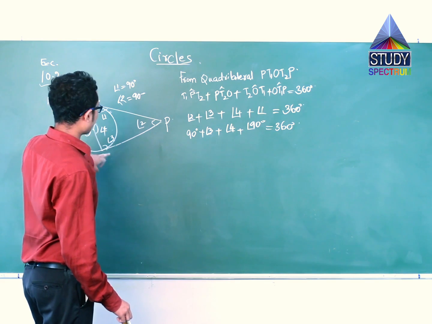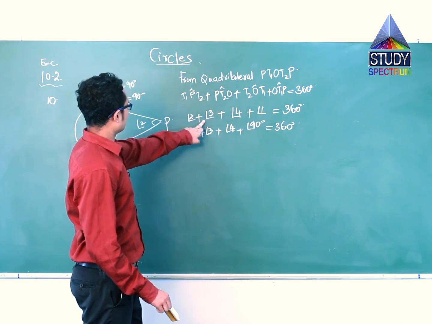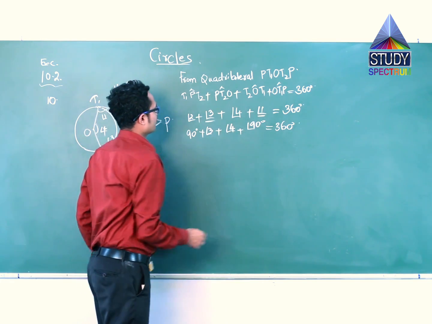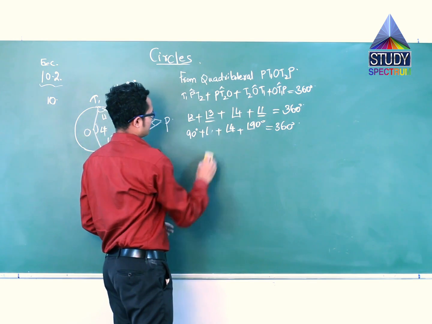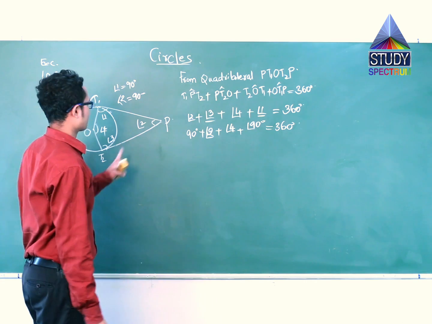Now angle 1 and angle 3 are 90 degrees. So therefore angle 2 plus angle 4 remains here, right?